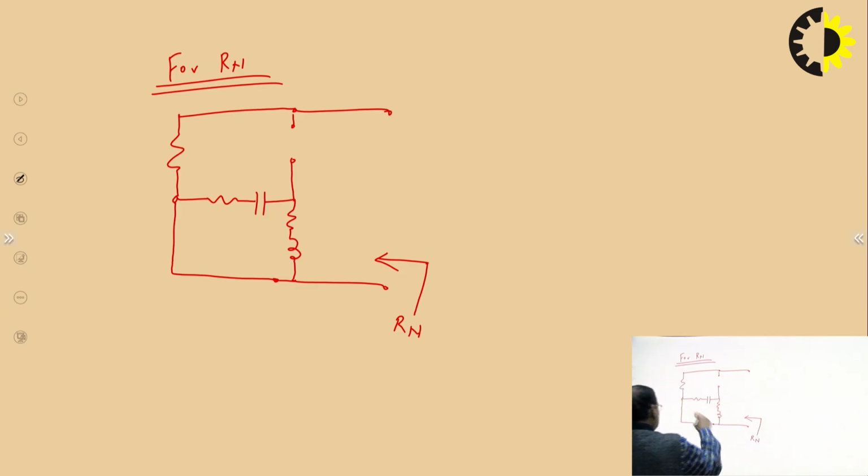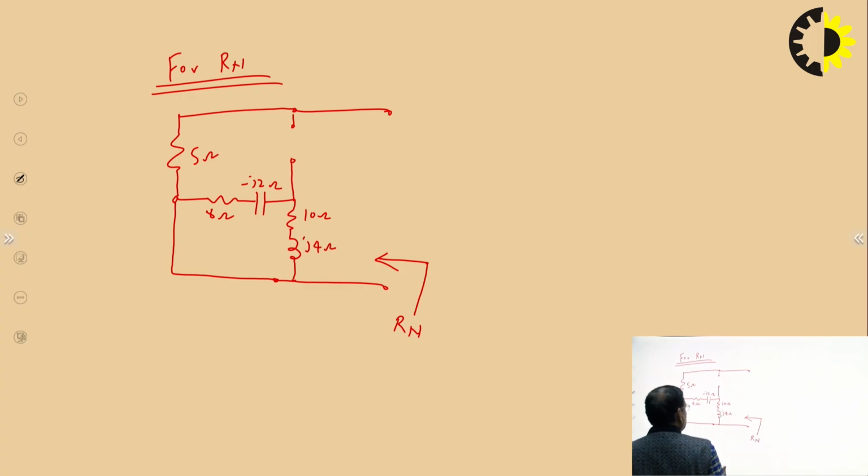The ideal voltage source has zero resistance. So zero resistance will be represented by a zero resistance wire. So it looks like a short circuit. And now put the values here: 5 ohm, this is your 8 ohm, this is minus J2 ohm, this is your 10 ohm, this is your J4 ohm.